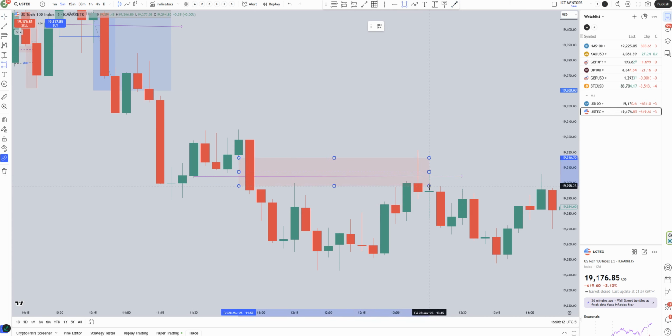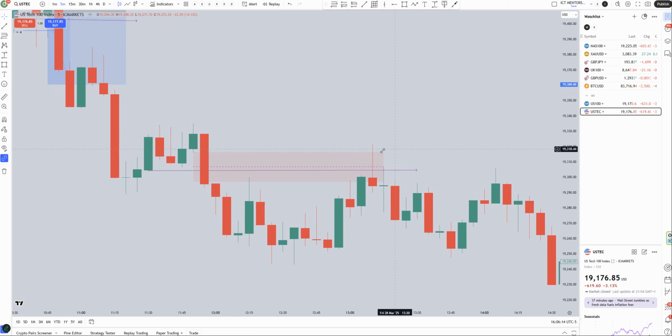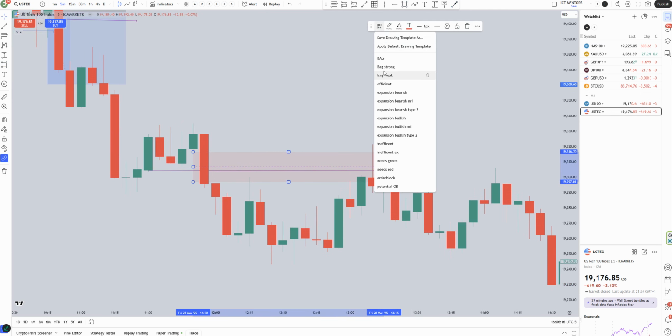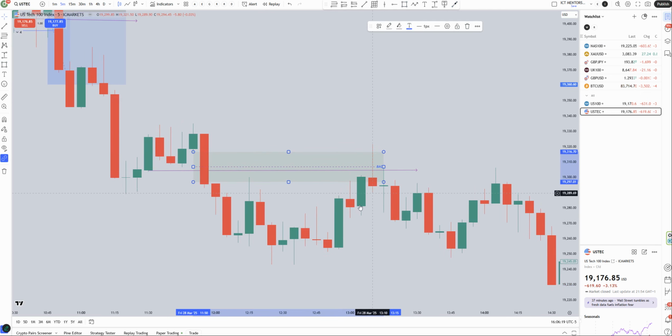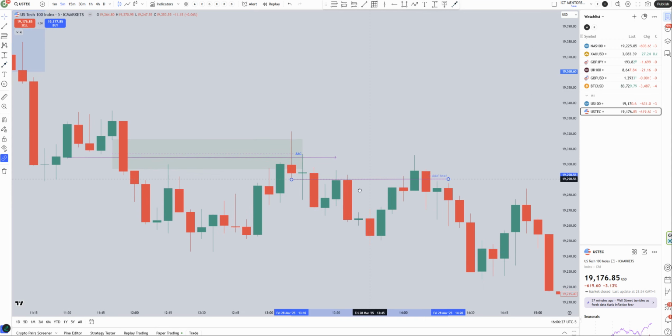Extra confluence, bag. CSD inside the bag here, you sell this again. After this is the one that I retrace, you sell inside here again.